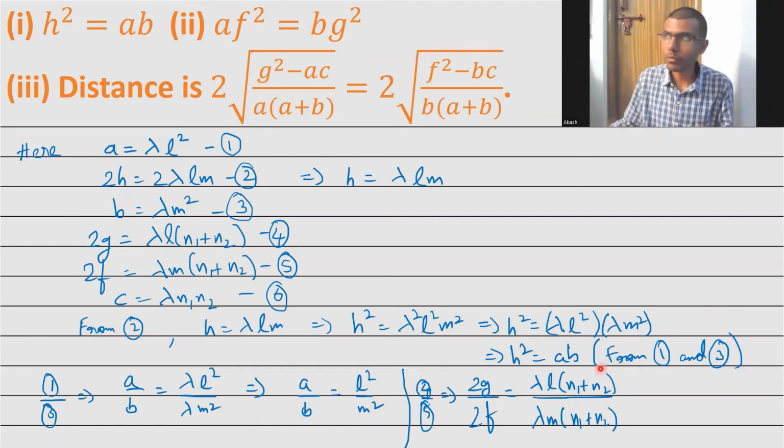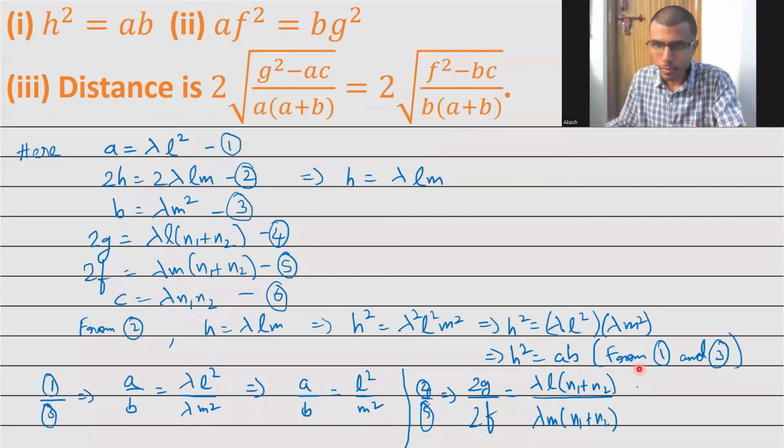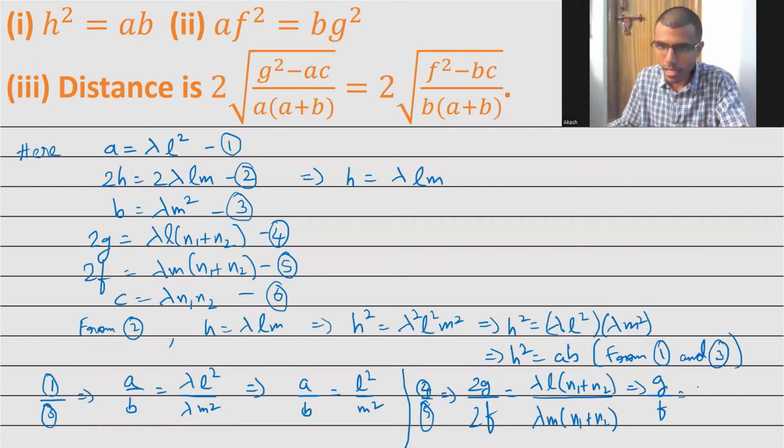If you observe carefully, 2 will get cancelled, and n1 plus n2 and lambda will get cancelled. This implies that G by F is equal to L by M.